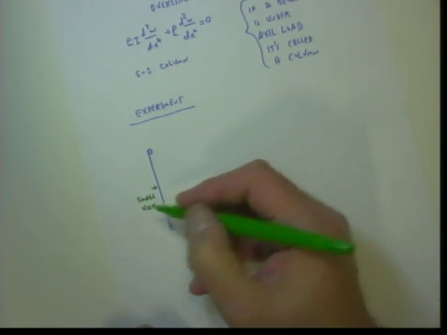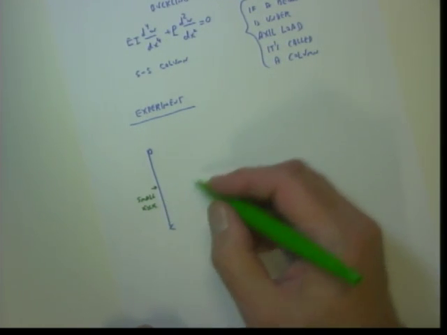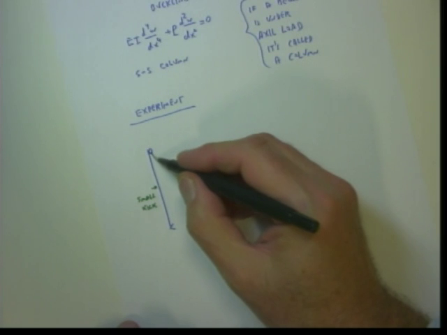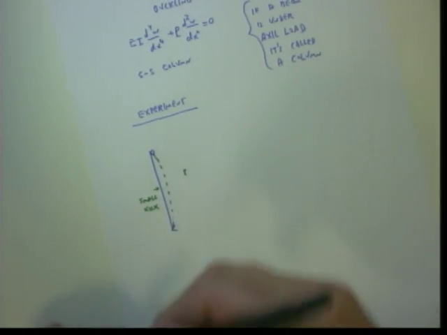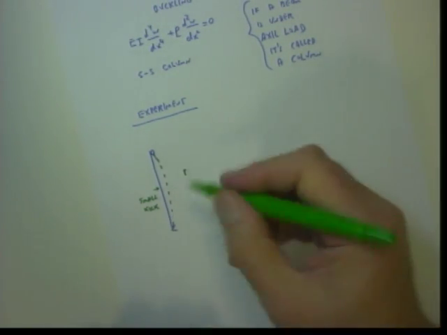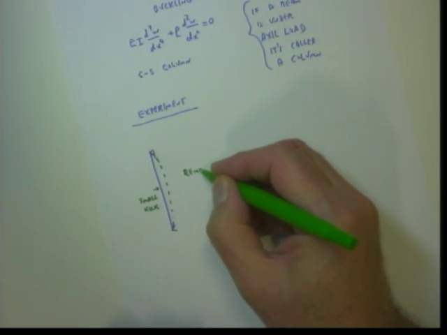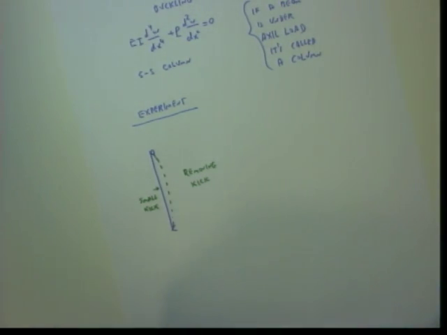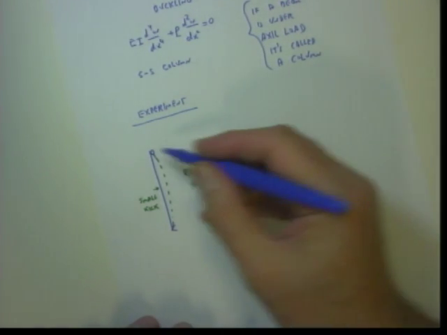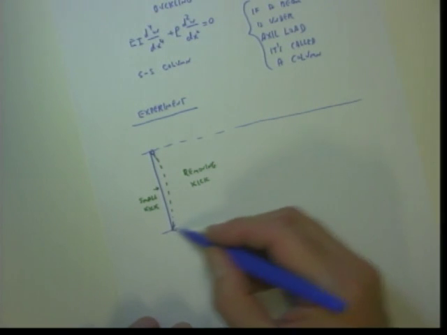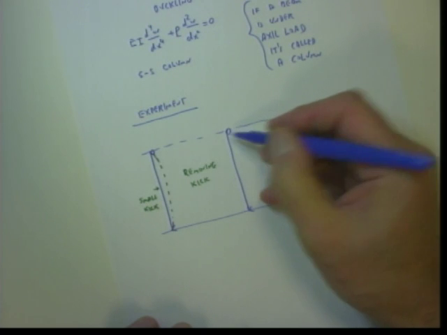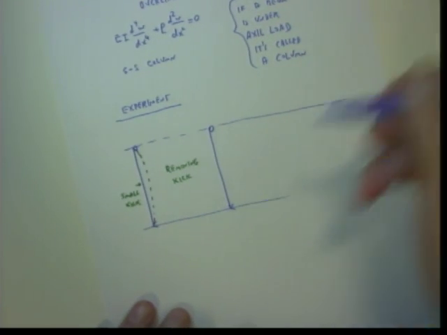When I give a small kick, this column deflects. Then I'm removing the kick. Then the column returns to the original position.